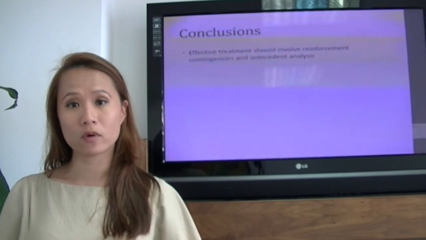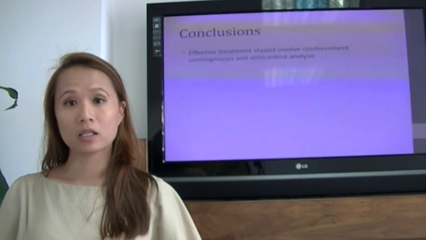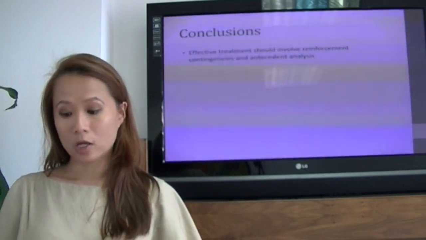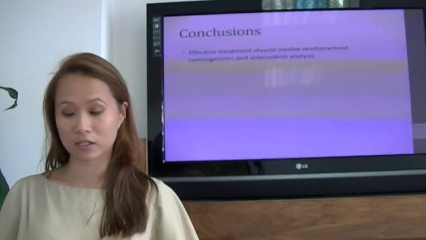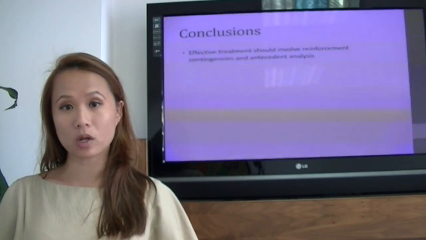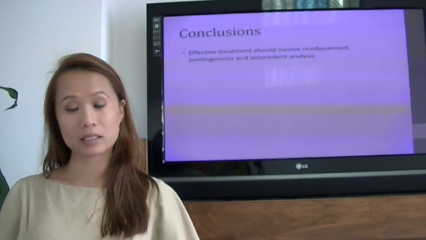All these studies focus solely on reinforcement contingency without addressing stimulus manipulation. So in order to have a comprehensive and effective treatment program, I think we should not only involve the reinforcement contingency, but also take a look at the antecedent.